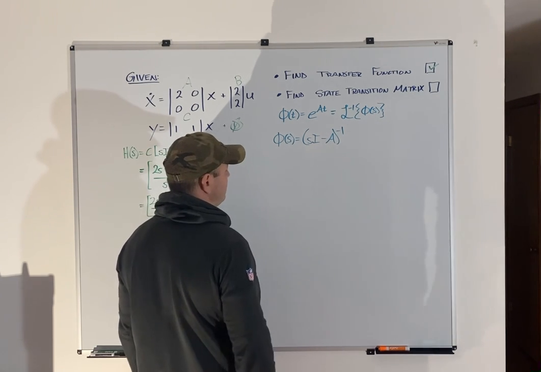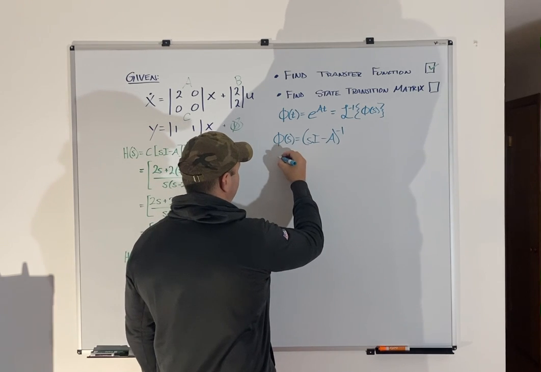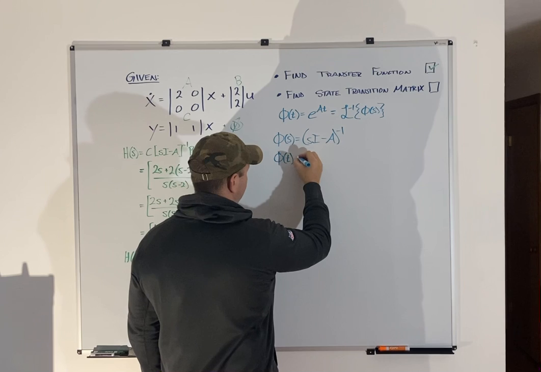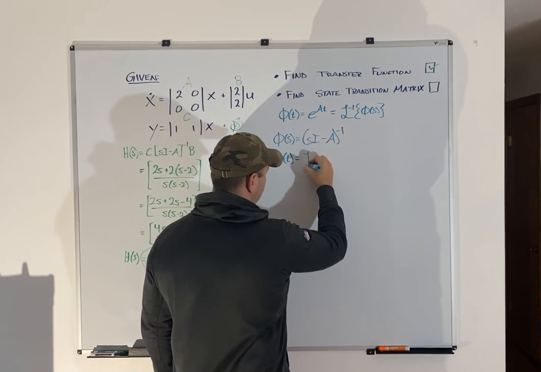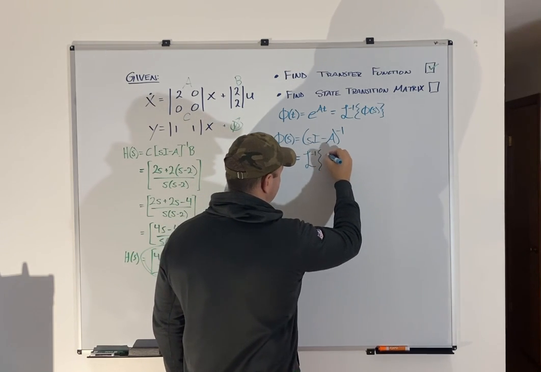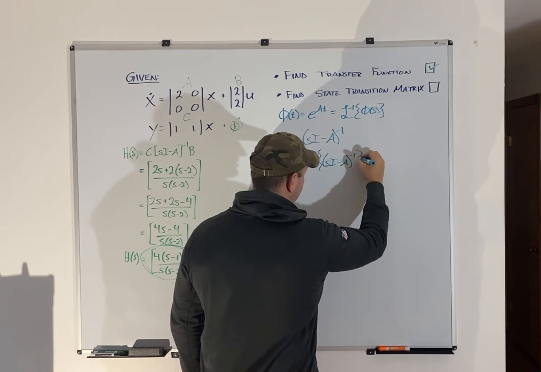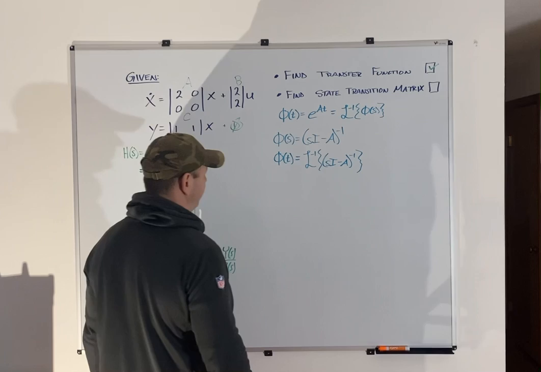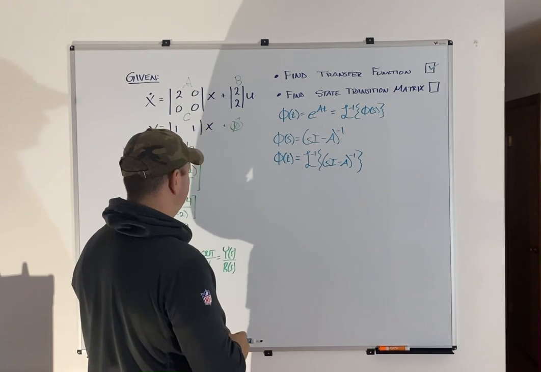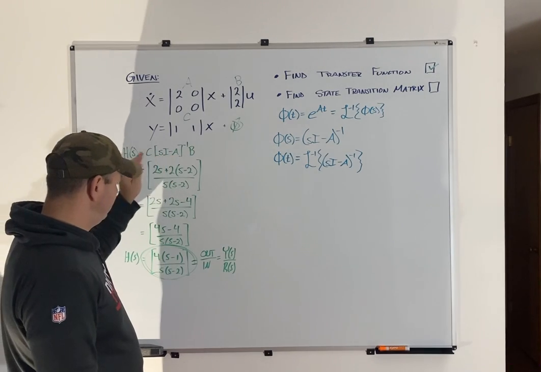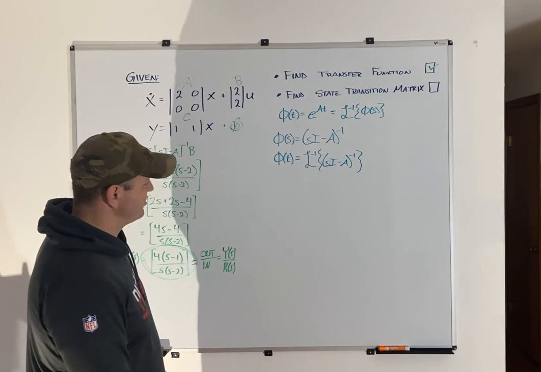So to be written out in terms that we can work with, final general setup, phi of t, which is what we want, is equal to the inverse Laplace of sI minus A inverse. We just solved for sI minus A inverse here, but again, we're going to do it from scratch.